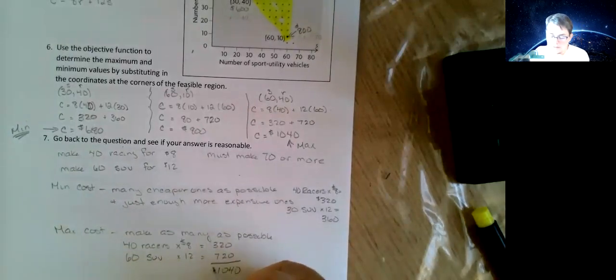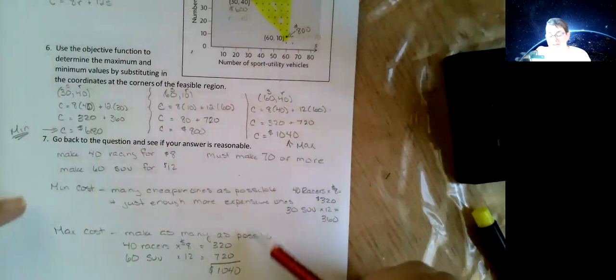So I'm going to make 40 racers at $8 a piece, and I can make up to 60 SUVs at $12 a piece. 40 times that is 320, and that's 720, 1040, and there you go. There's your maximum amount.